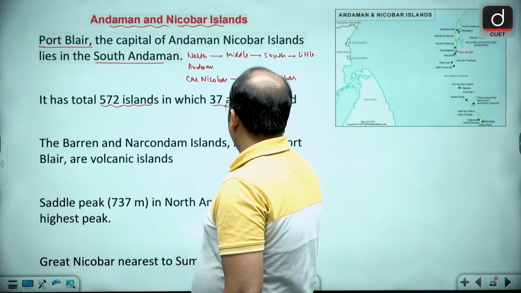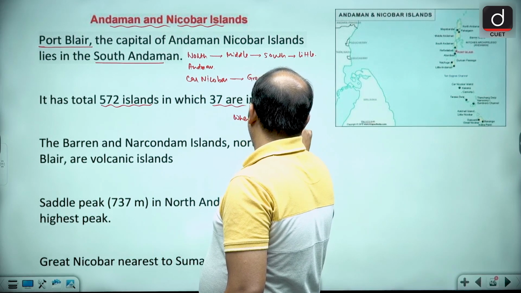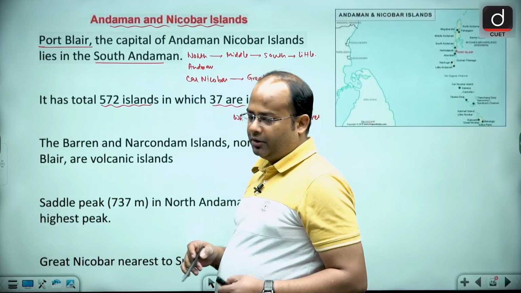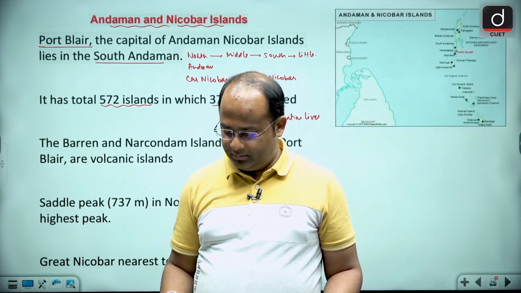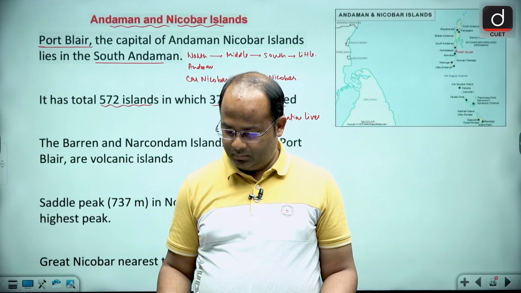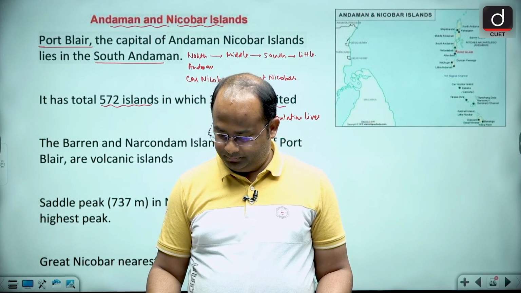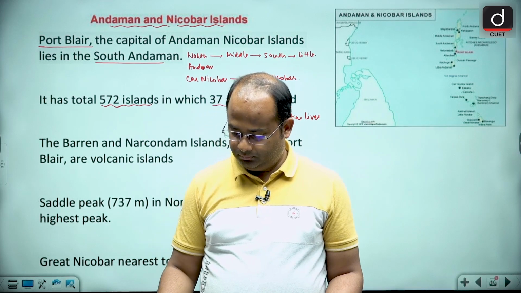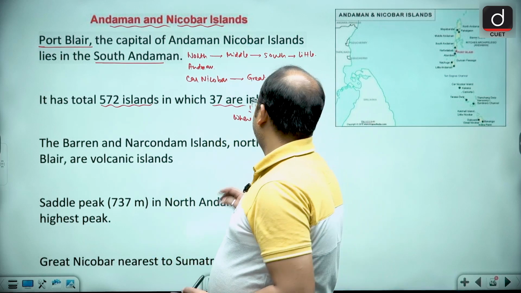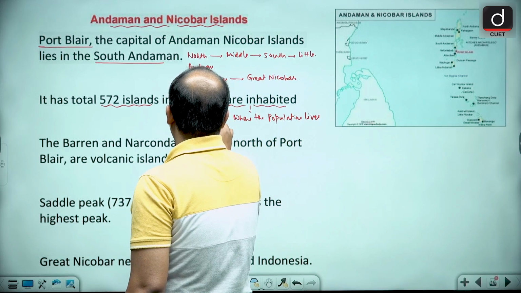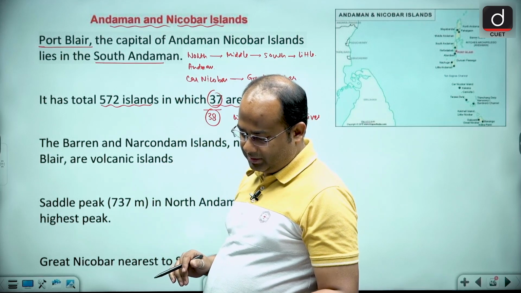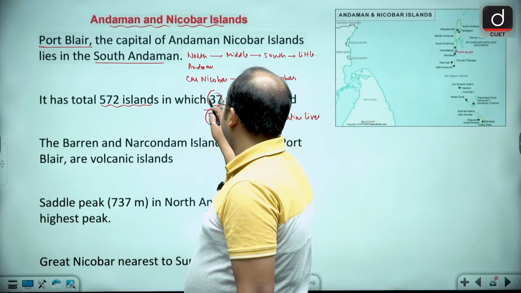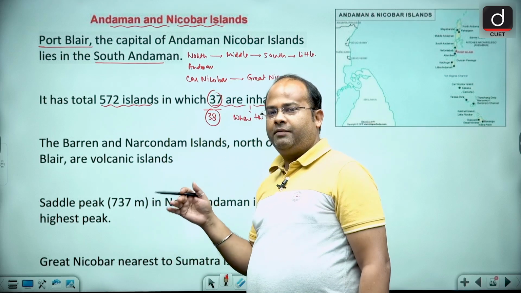Inhabited means the population lives there. Some books say 37, some books say 38 of these islands are inhabited, meaning the population lives on them.